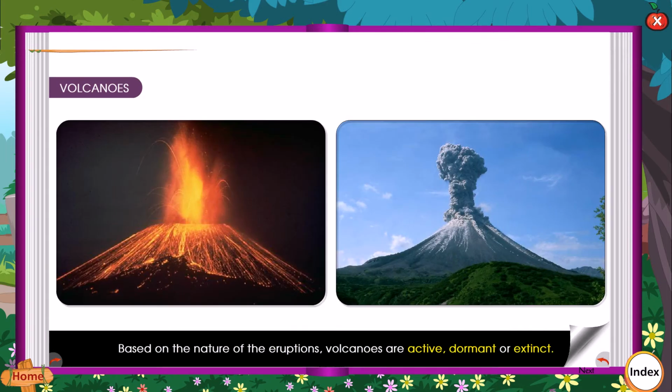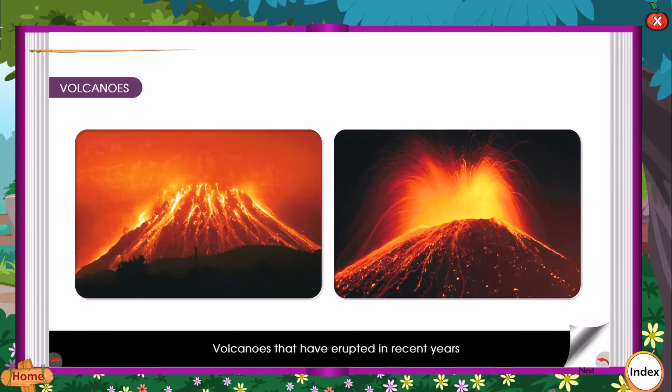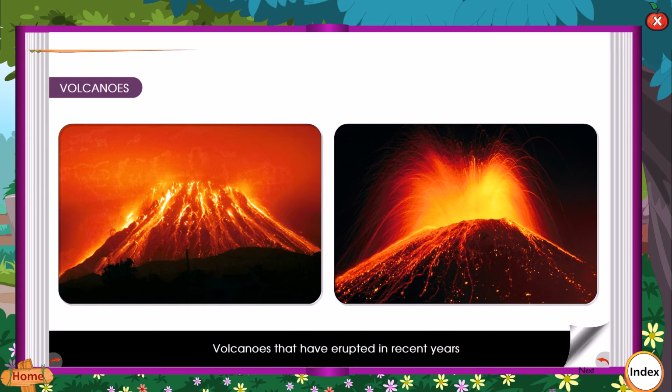Based on the nature of the eruptions, volcanoes are active, dormant, or extinct. Volcanoes that have erupted in recent years and may erupt again anytime are called active volcanoes. Many active volcanoes exist in the Pacific area.